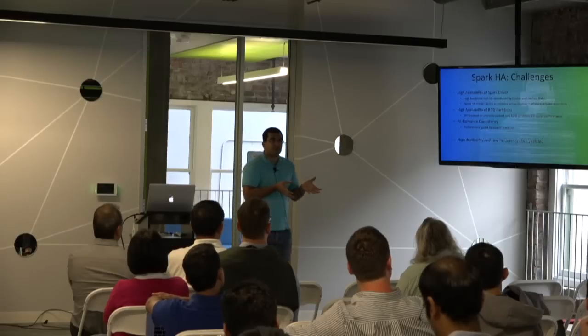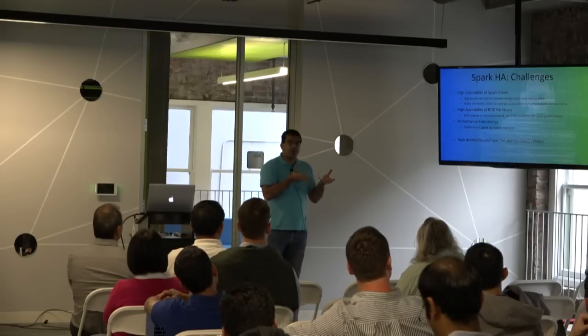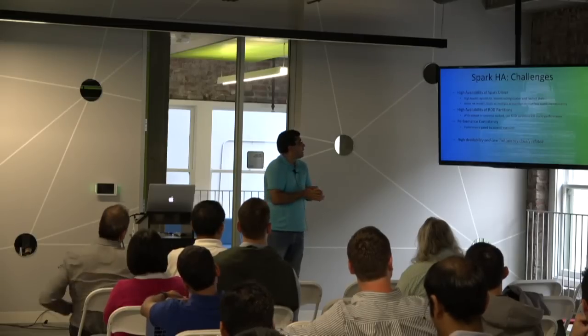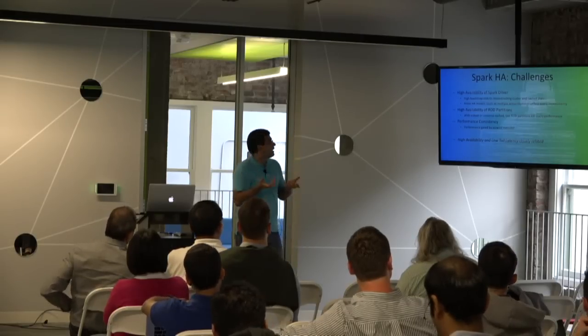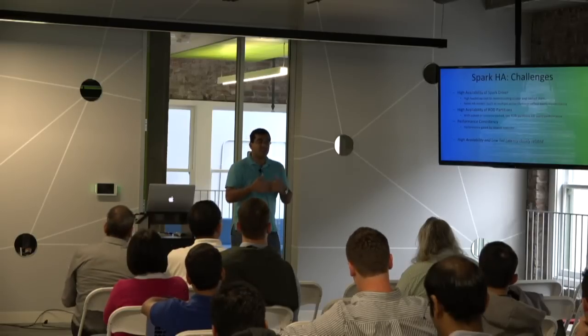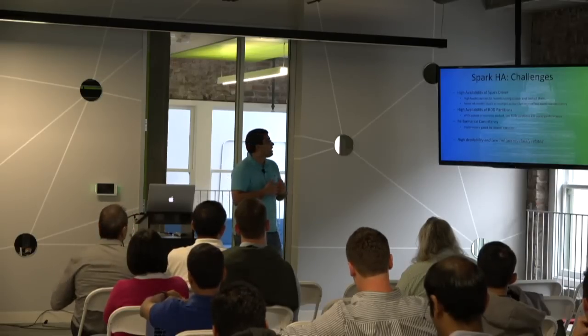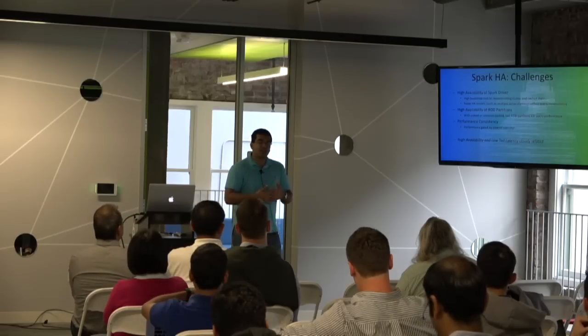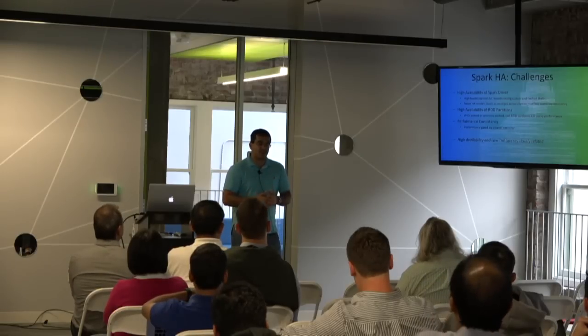A very naive solution to this problem could very well be, let's have two clusters running simultaneously, right? It's still problematic, especially in our kind of use cases, because we don't want queries to return inconsistent responses.